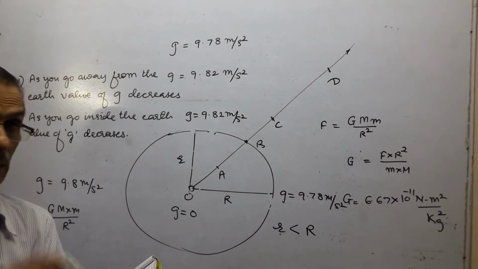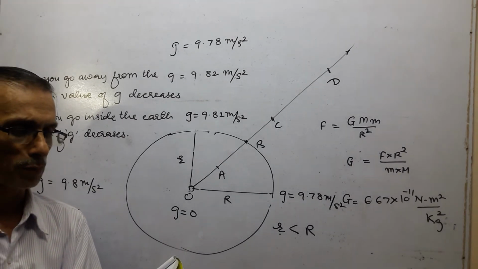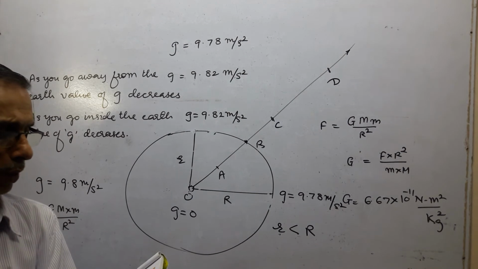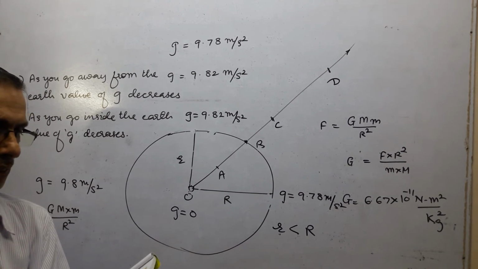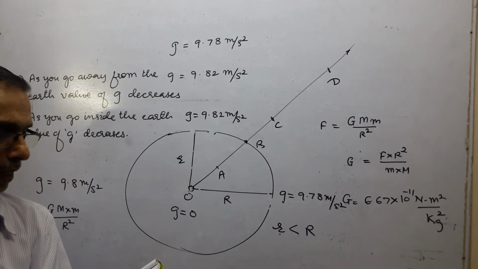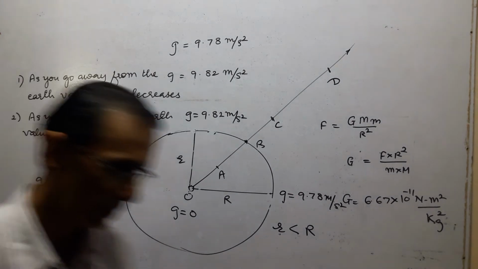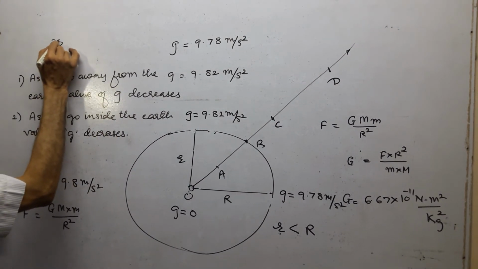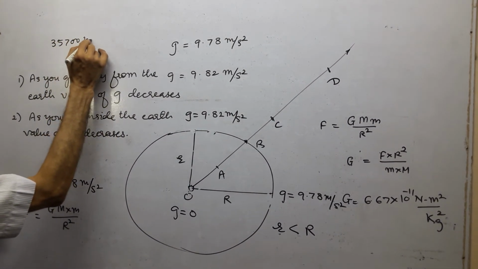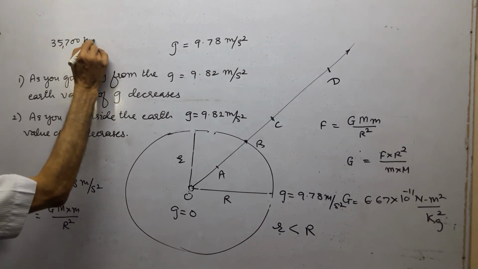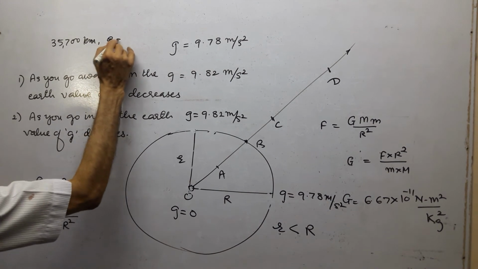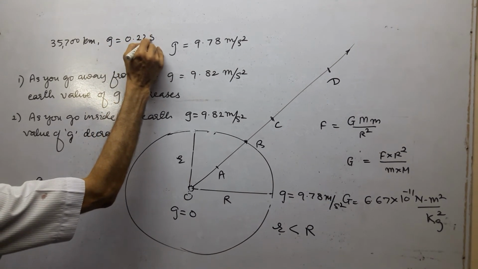If you go 36 kilometers high, the value of g decreases by 0.1. If you go 400 kilometers high, it decreases by nearly 1.1. And if you go 35,700 kilometers, g is equal to 0.225.